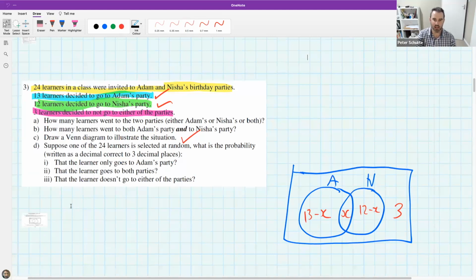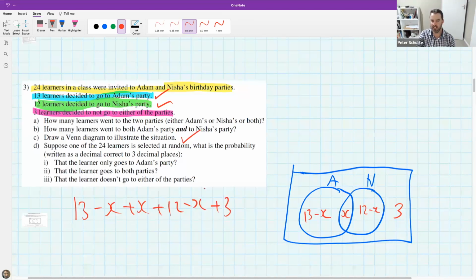Can anybody tell me what I need to do in order to start the process of finding X? What do we need to do? We've got all this, we've got the regions. Okay, you can use the addition rule, exactly, or you can just add up the regions. So you can go 13 minus X plus 12 minus X plus 3.